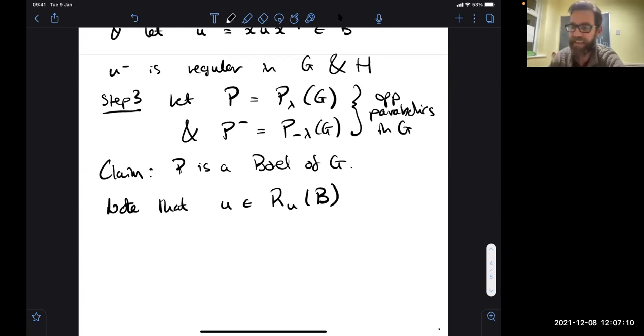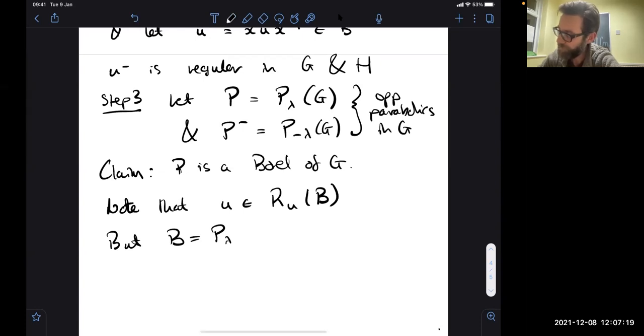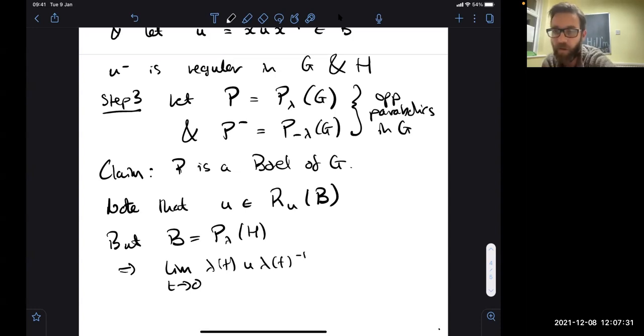So that's easy, but I've written B as P lambda inside H. So this means that if I take the limit of U when I conjugate by lambda t, and I take t to 0, remember the unipotent radical is characterized as the set of points which get sent to the identity in the limit.